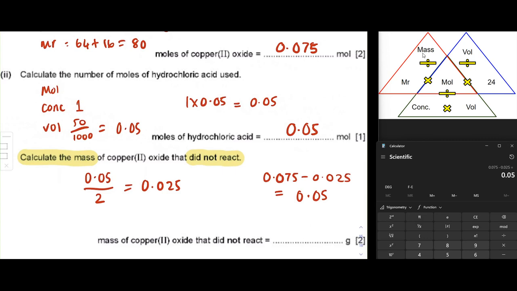The next step is to do 0.05 times the Mr, which is 80, and that gives me 4. So I've got 4 grams left over that didn't react. And that's why it's important to know our molar ratios, because if this was an industrial process, or you were the owner of the school doing this experiment, then that's 4 grams of copper oxide that you didn't need to purchase. So your costs go down for doing this experiment.